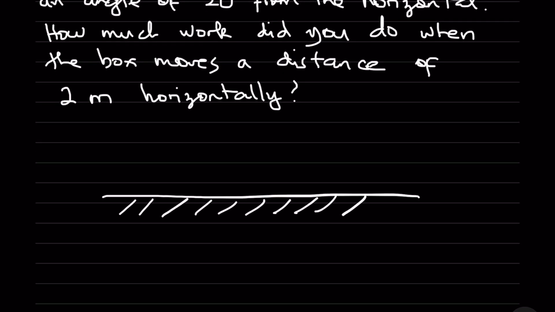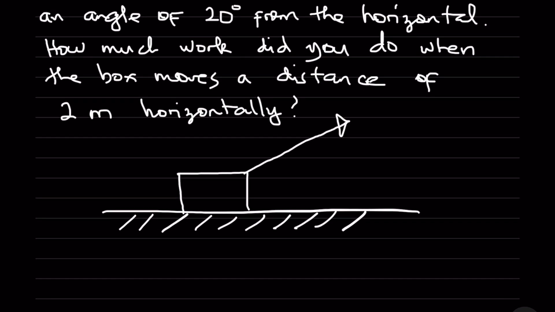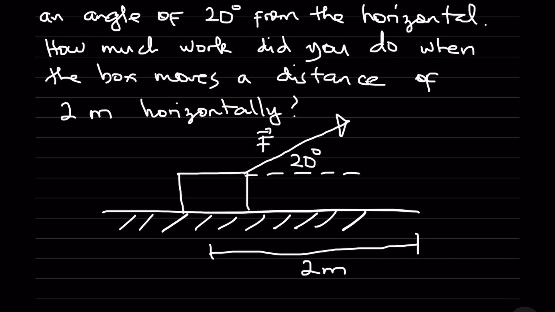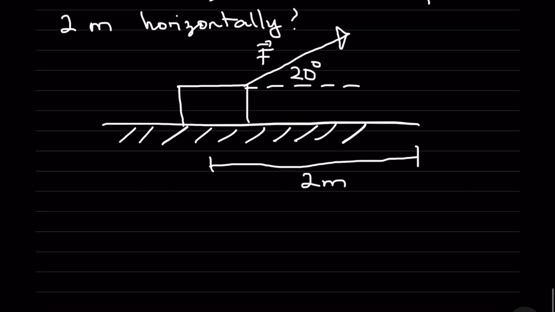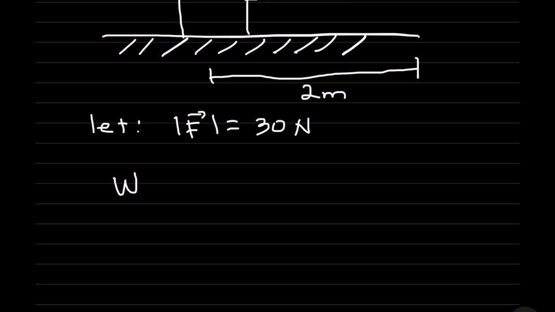So I draw here a diagram to help us visualize the problem. There's a box on the floor, and you pull the box with a force F at an angle of 20 degrees with respect to the horizontal, and the box moves a distance of 2 meters.